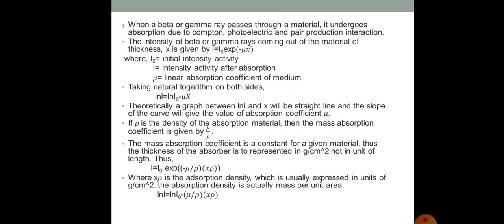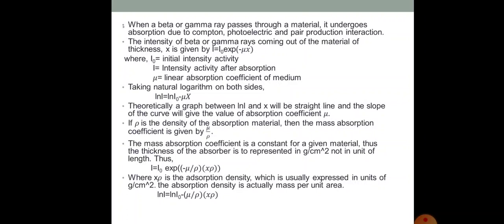By taking the natural logarithm, we get ln I equals ln I0 minus mu x, and the graph between ln I and x will be a straight line whose slope gives the absorption coefficient mu.